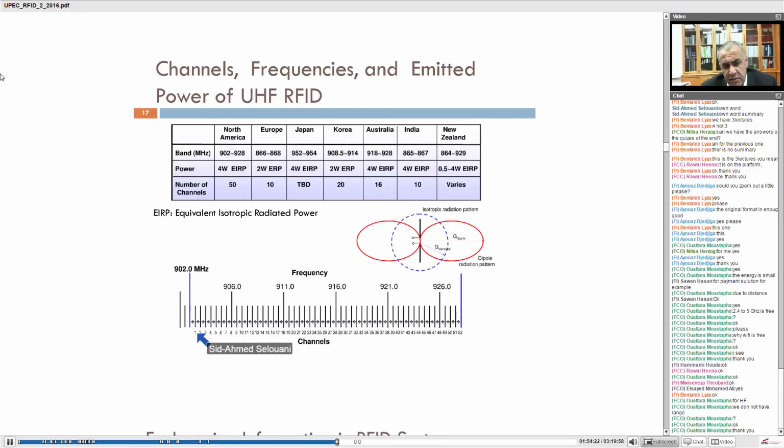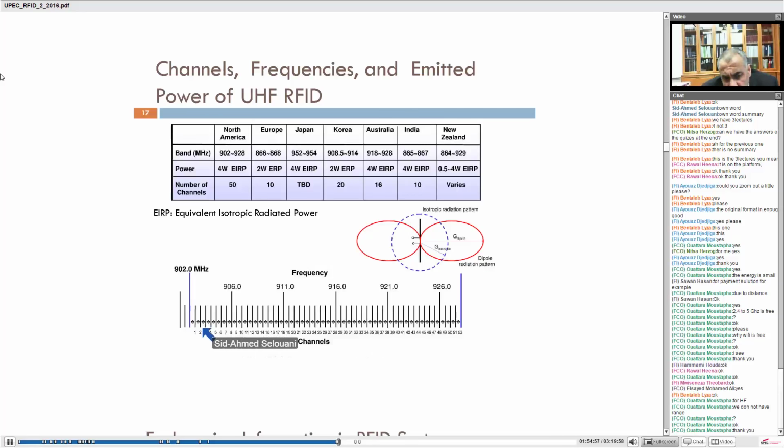This is what is allowed in the US. If you have readers, you have this band to work with, and there are the channels. You have 50 channels.